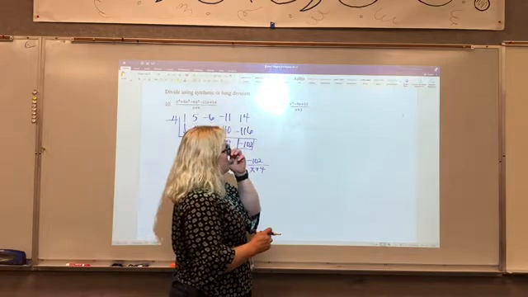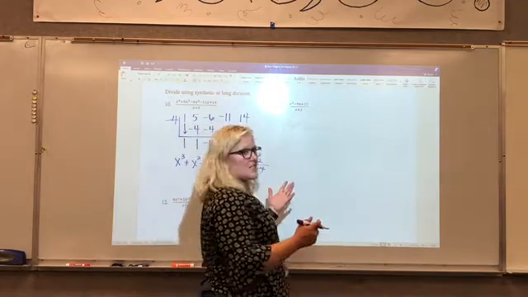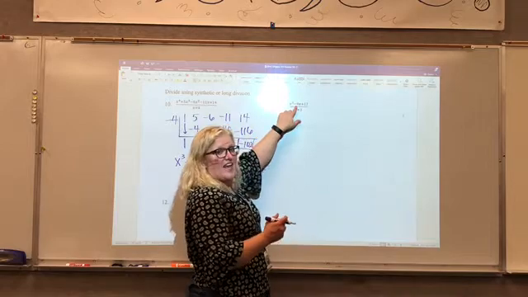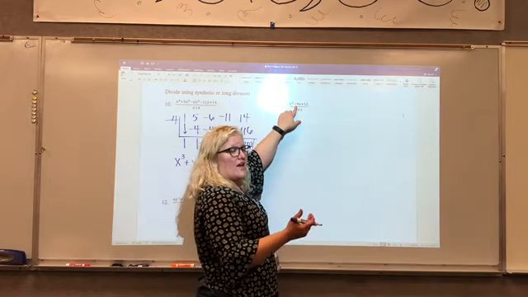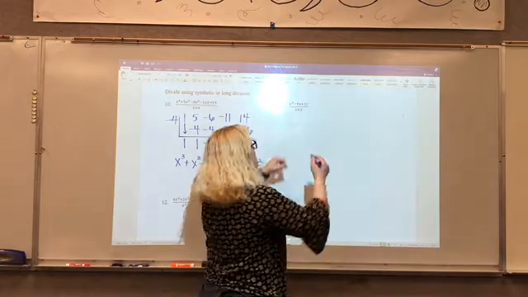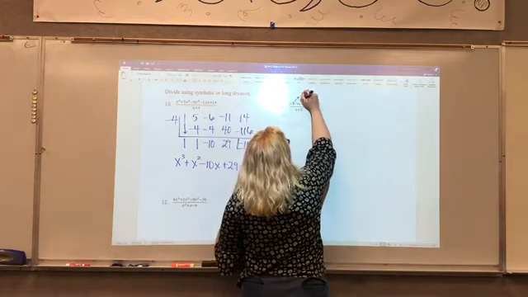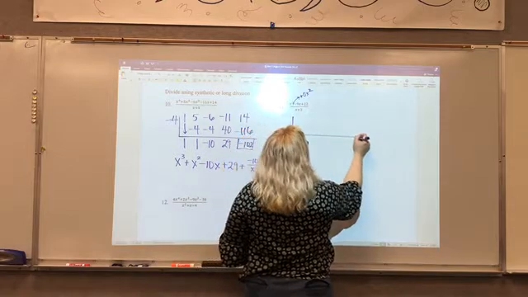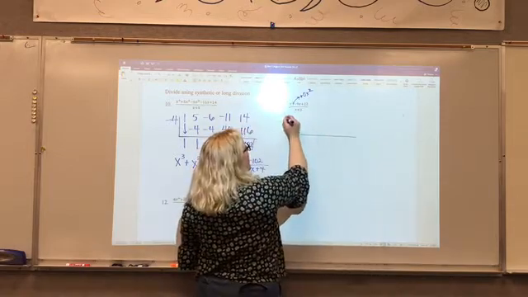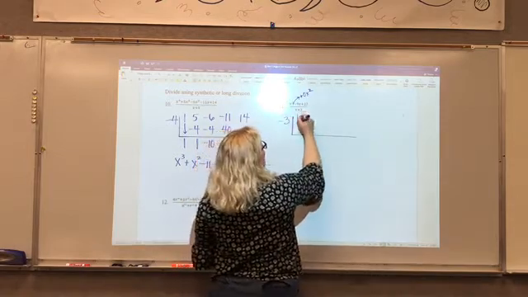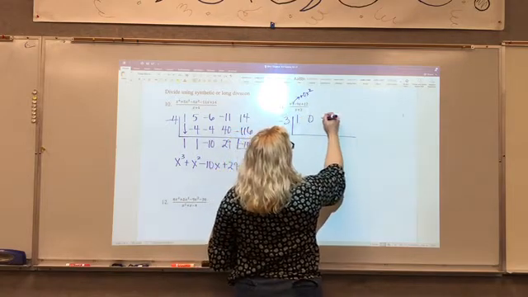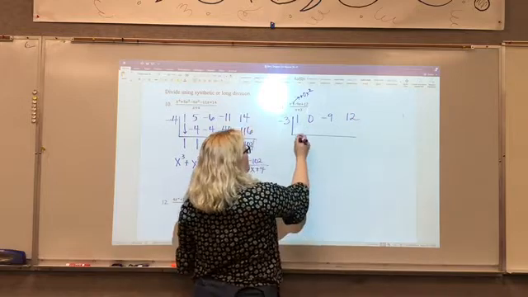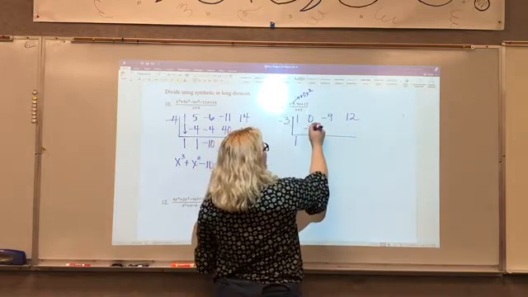Number 11, I'm going to also do using synthetic division, and I look and it's x cubed. I don't have an x squared term, so I'm going to put that in there, plus 0x squared. All right, so again, I have x plus 3. I do the opposite. I have 1, 0, negative 9, 12. So I drop the 1, multiply, I get negative 3.